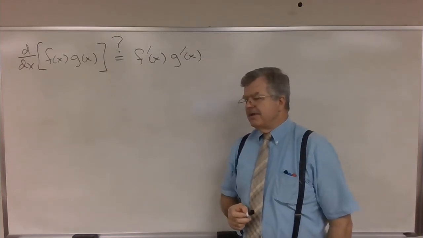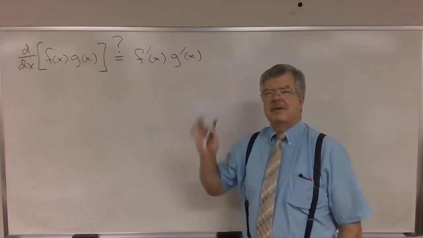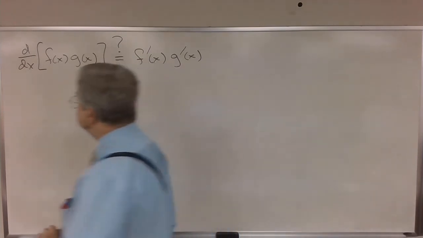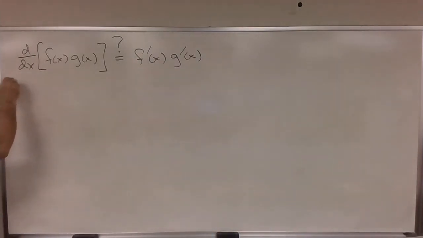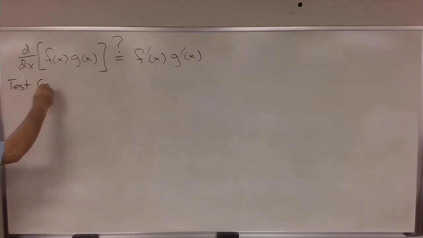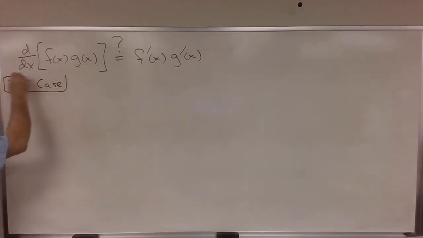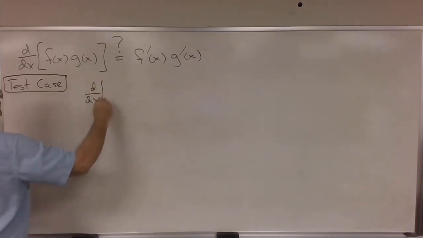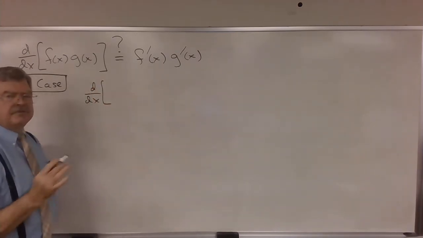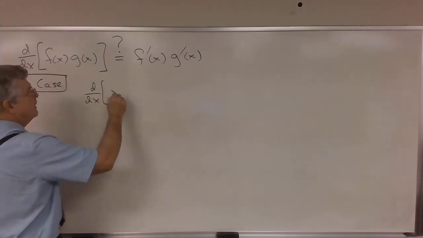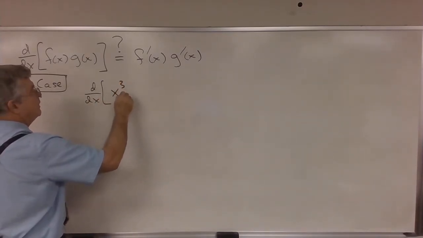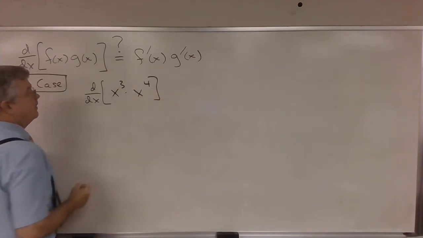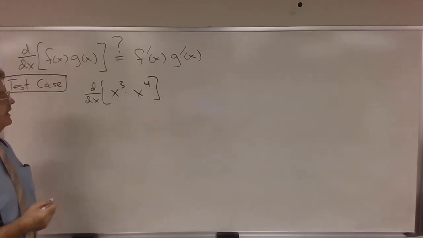And I guess maybe something that we should do is just come up with some kind of a test case. So let's do that. Test case. And let's just pick a couple of things whose derivatives are fairly simple. Let's say this is our first function, x cubed, and x to the fourth is our second function.